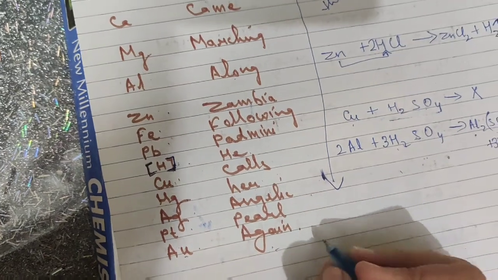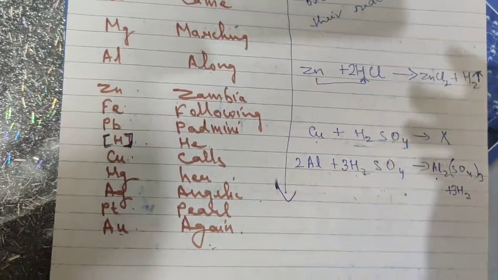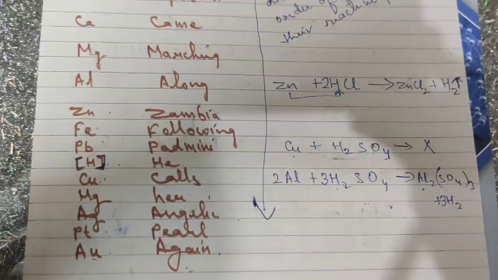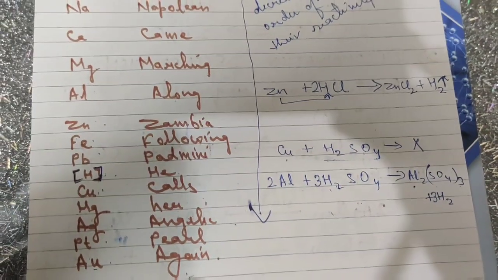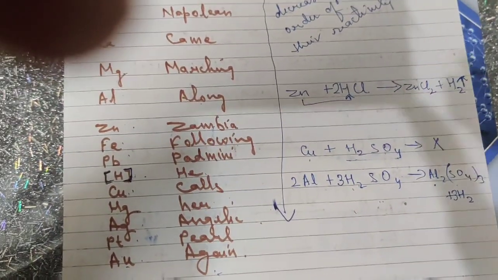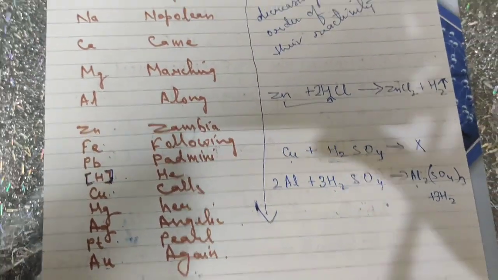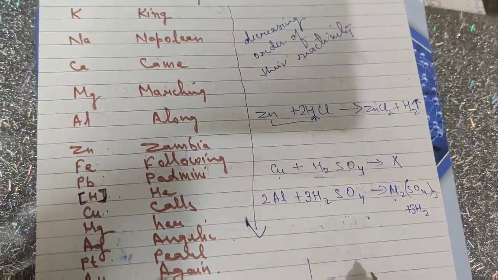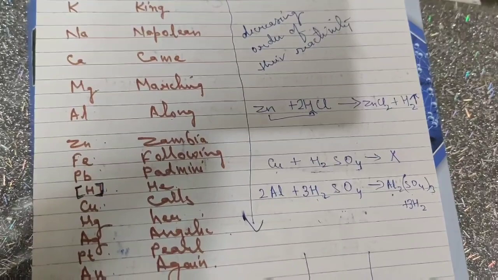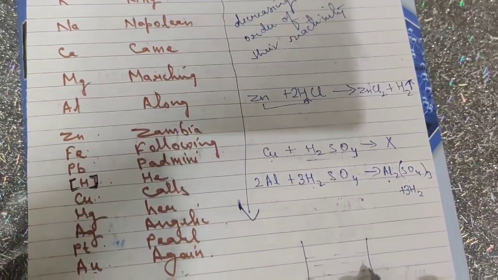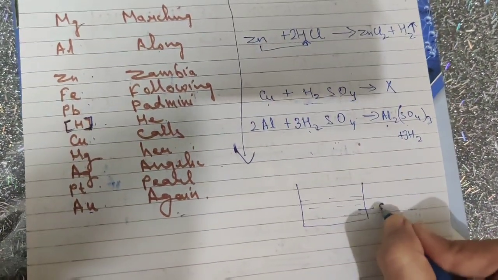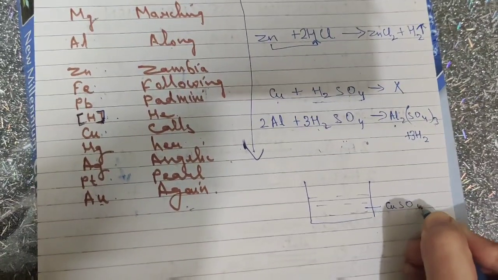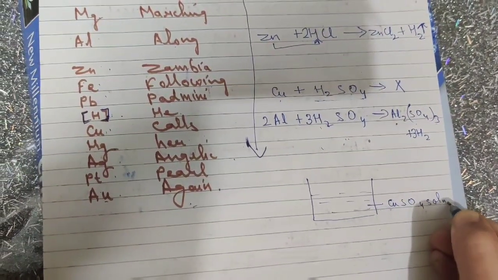Similarly, there is an activity, an example in your NCERT book, where an iron nail is dipped in copper sulfate solution. If we take a beaker and fill it with copper sulfate solution, what will happen?